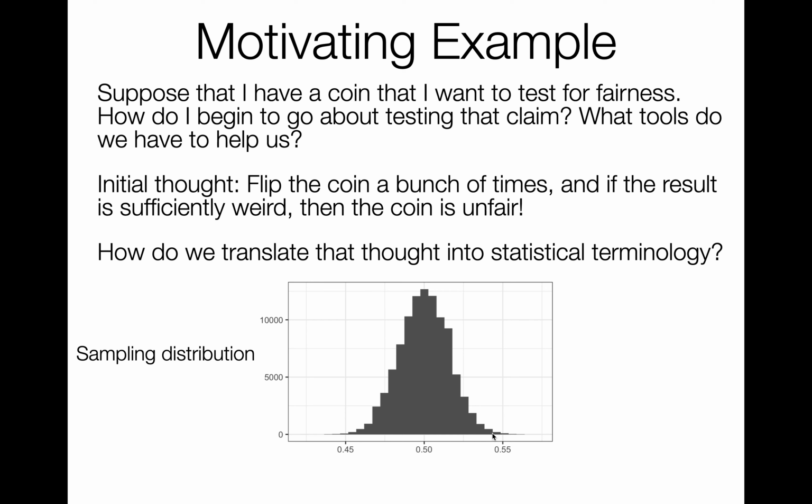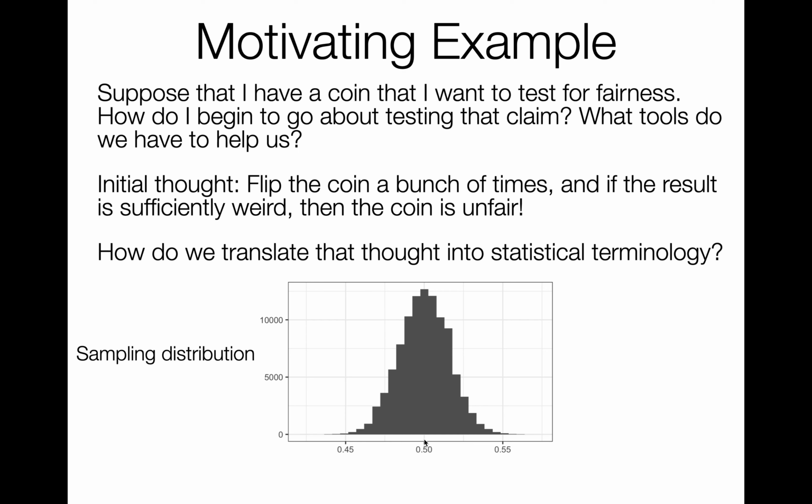You'll see that it's centered. Its mean is 0.5, which hopefully makes sense. If I flip the coin a bunch of times and the proportion of heads is 0.5, then that's fair.